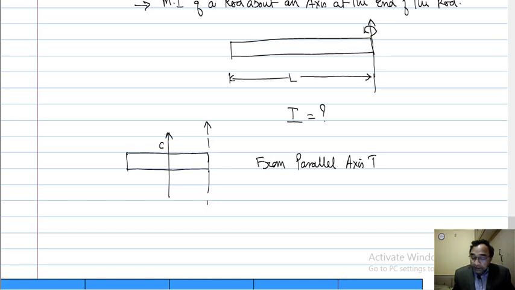From the parallel axis theorem, what can we say? Moment of inertia about the asked axis, I, is equal to moment of inertia about the central axis plus mass times square of the distance. Now, what is the moment of inertia about the central axis? That we have already derived: m L square by 12, plus m times the distance between the two, which is L by 2 whole square.